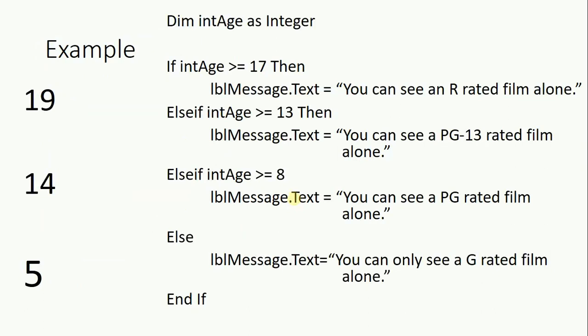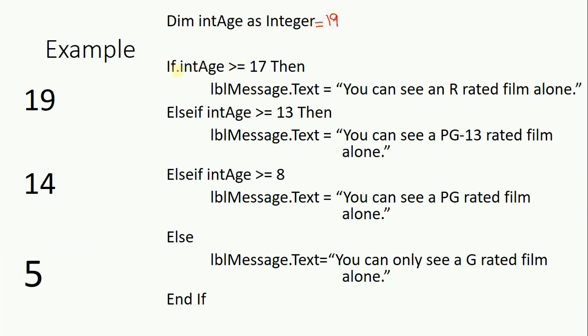So I have Dim intAge As Integer. It looks something like film ratings and what age you have to be. So let's check our test cases here. Let's say we're going to be 19 years old.